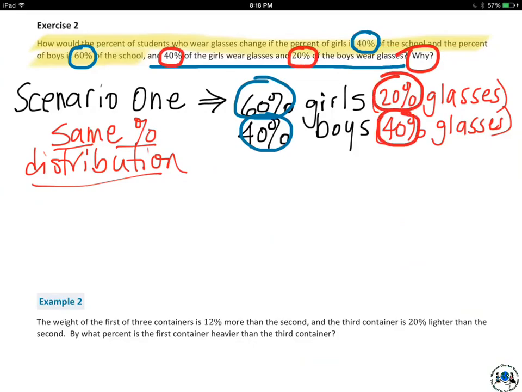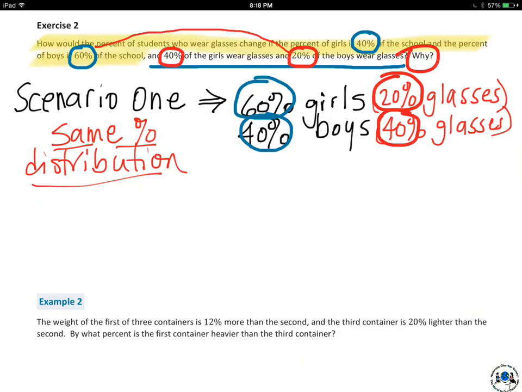In the original scenario, we had 60% girls, with 20% of those 60% girls wearing glasses. In the second scenario, we now have boys as 60%, and 20% of them are wearing the glasses. So you can see the same percentage distribution, 60 pairs with 20.